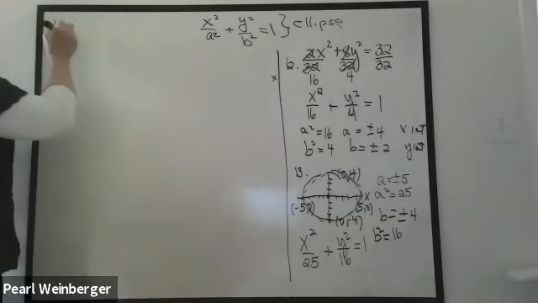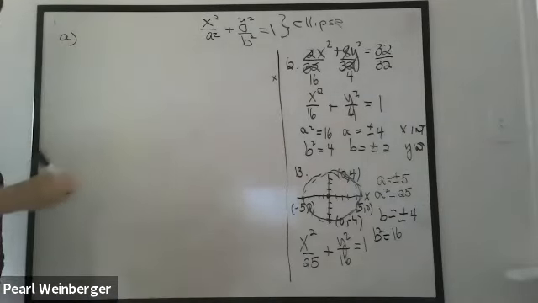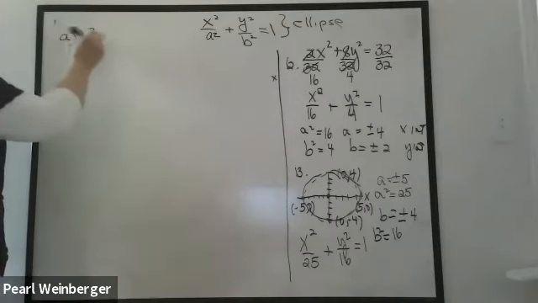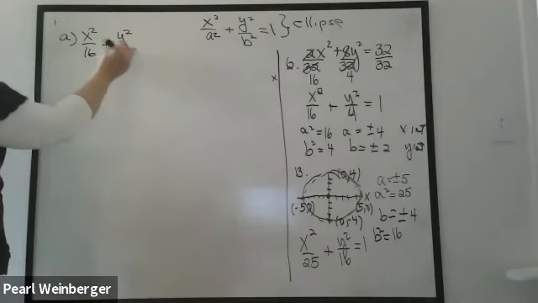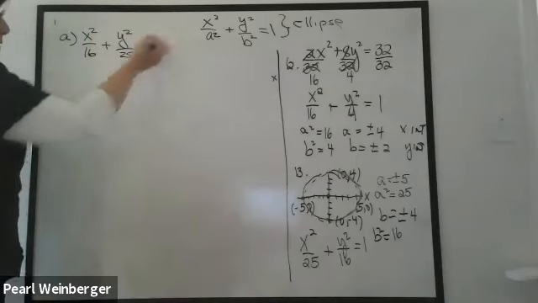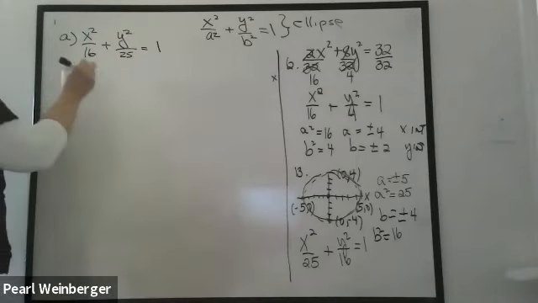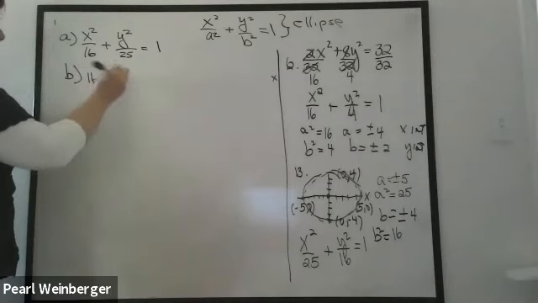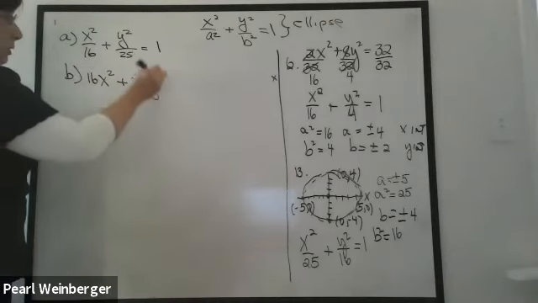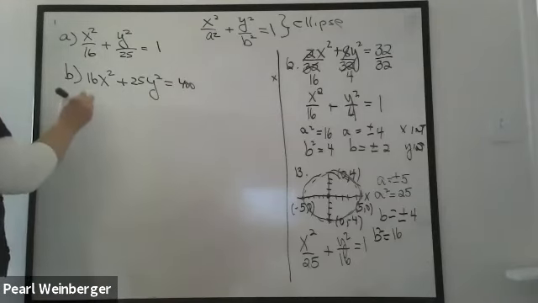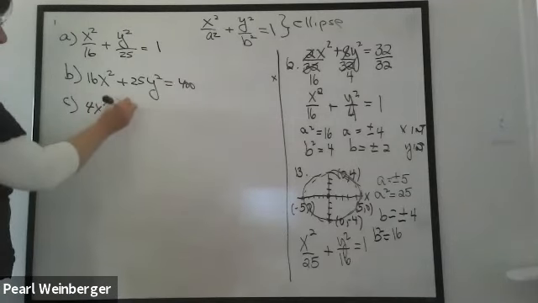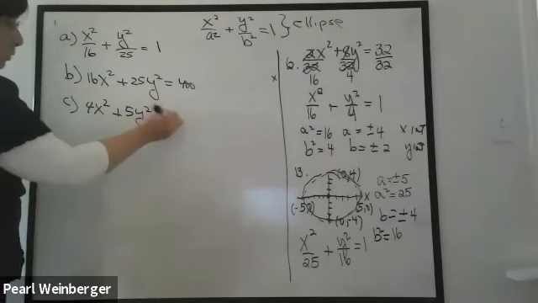And these are the, suppose they had given these choices. x squared over 16 plus y squared over 25 equals 1. 16x squared plus 25y squared equals 400. 4x squared plus 5y squared equals 20.